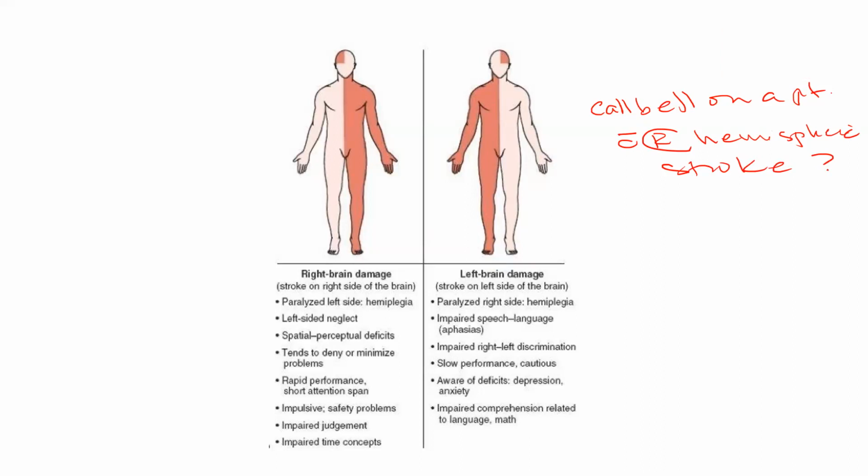Left side? No, you remember, in a right hemispheric stroke, which side will be paralyzed? Oh, the left will be paralyzed. Yes, so you need to put it on the same side.